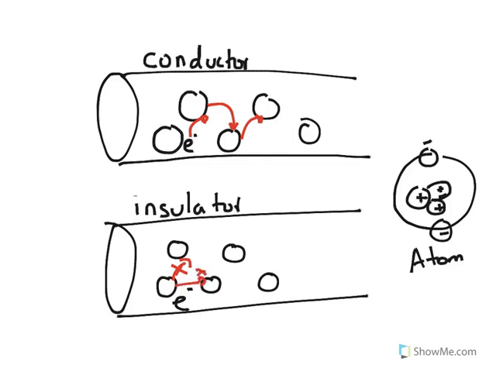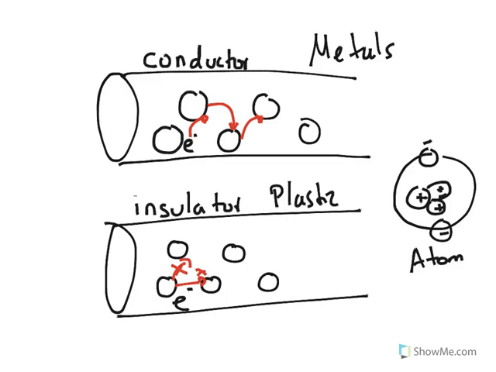It is unable to move. So in a conductor they can move, in an insulator they can't. Well, good conductors could be, for instance, some metals, while insulators could be plastics or other kind of materials, for instance, the carpet or whatever.